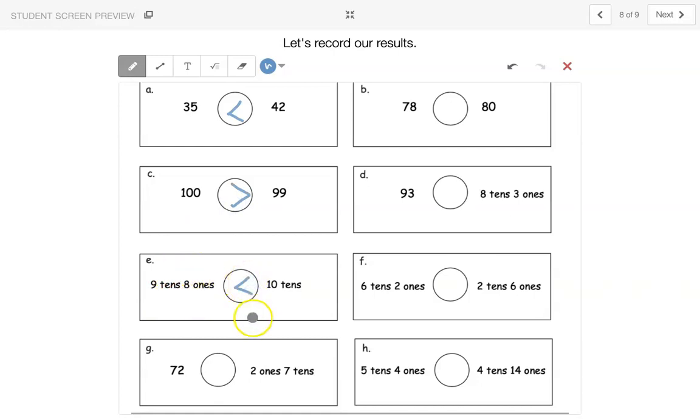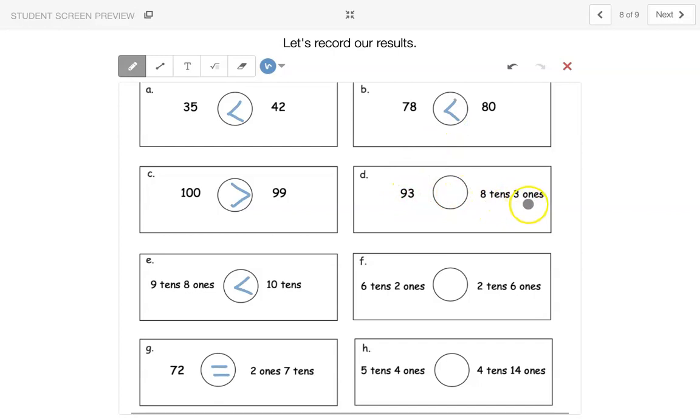That's 100 on the other side, right? 72, we already agreed that this is the same thing, equivalent, even though it looks different and the order's different, right? They tried to trick us, but they're not going to do that. 78 less than 80.